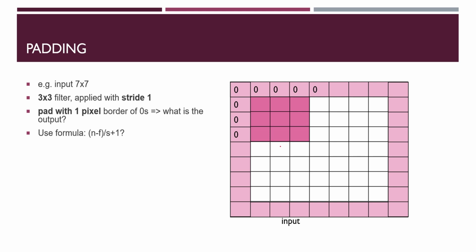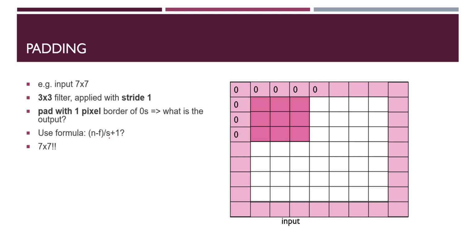Using the same formula which we had seen earlier, only thing is the size of the image has now changed. We get the resultant to be 7 by 7. So n in this case is 9 and f is 3.